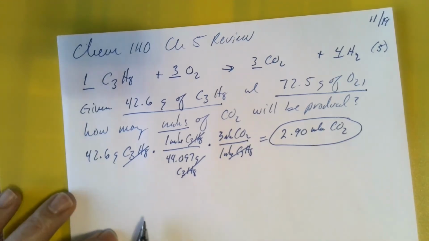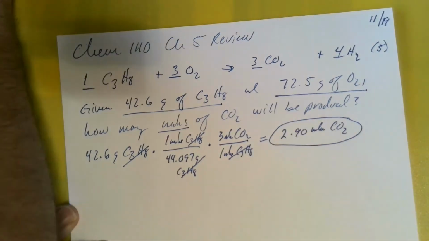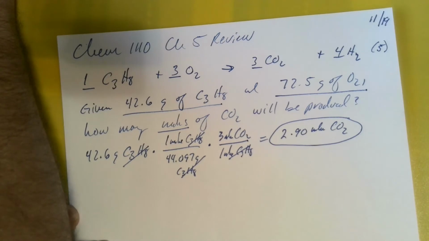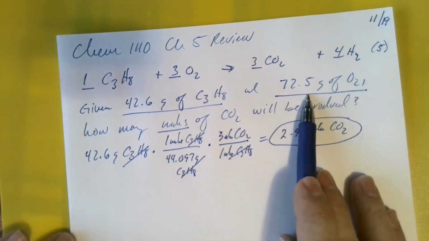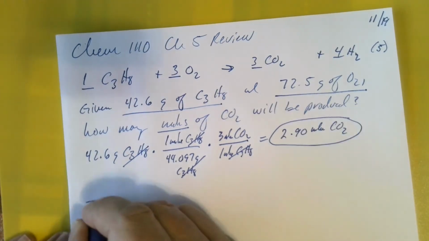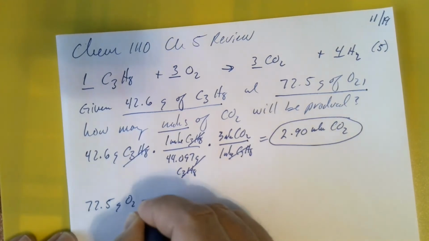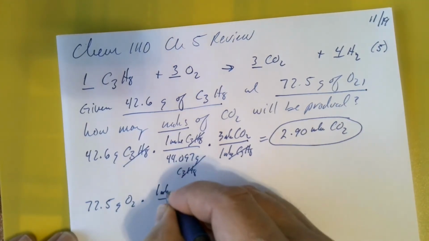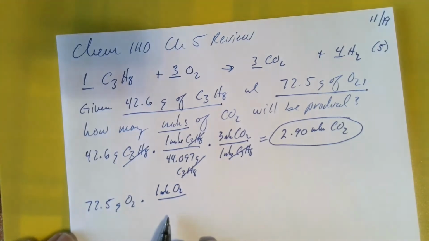Now I'm going to do basically the same thing with my 72.5 grams of O2. So I'm going to go 72.5 grams of O2. I'm going to times that by 1 mole of O2 for every what? What's this going to be here? 31.998 grams.